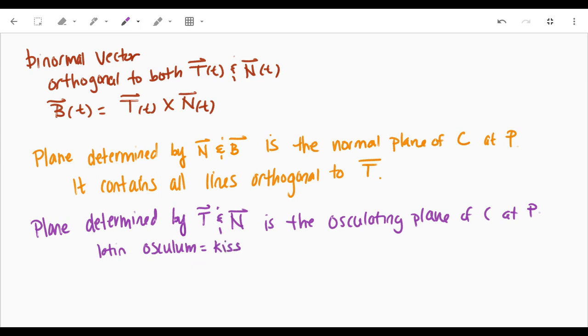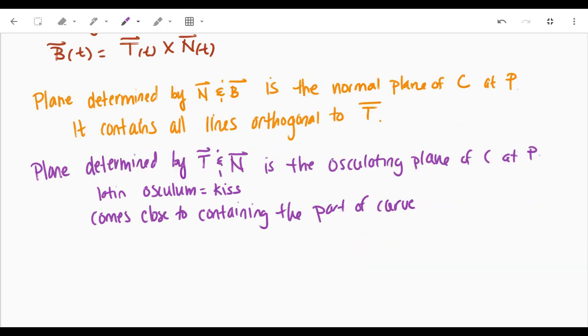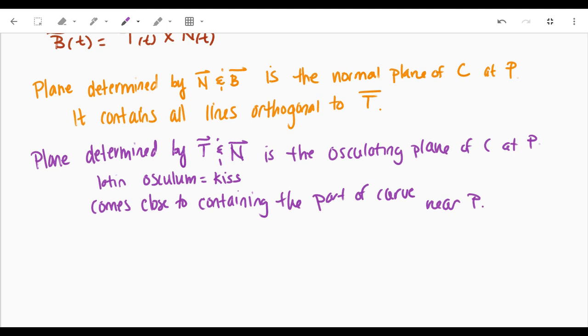So it comes close to containing the part of the curve near P. If we're cropping the big picture in, as you get closer and closer to P, that osculating plane comes closest to mimicking what is happening at P.